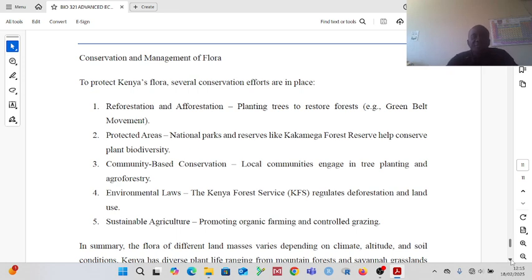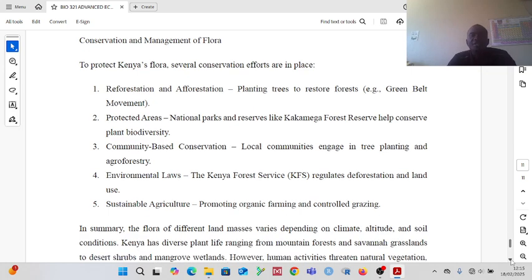So the ways to conserve and manage are the same as the ones that we had talked about. So you can think of reforestation and afforestation. Okay? Think of creation of protected areas. You can think of bringing in community-based conservation efforts, where now you engage local communities in tree planting. Okay?